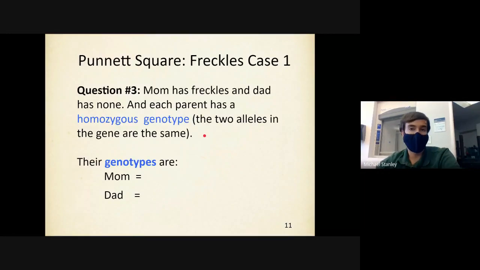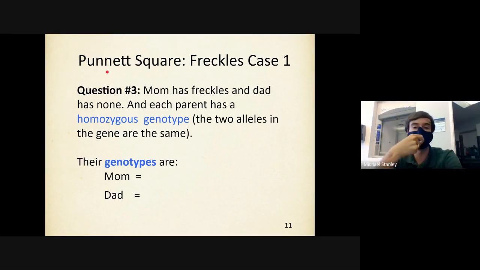So the nice thing about these genotypes is that they allow us to make something called Punnett Squares, which are ways where we can predict the probability that one of their children will get a certain trait. So for the first example that we did, we said that the parents are homozygous. So homozygous is a fancy term.